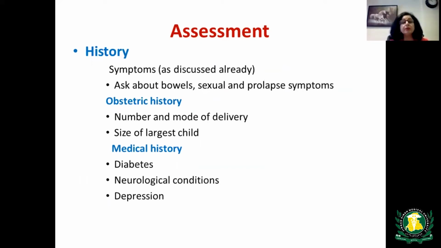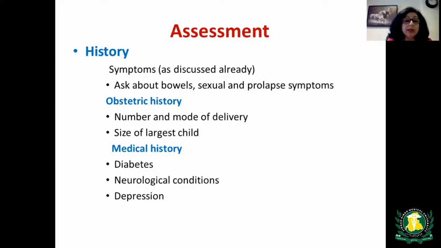The size of the largest child is relevant because in women who have achieved vaginal birth and given birth to a big baby, a lot of tissues may get damaged during passage through the birth canal. So if a woman has given birth to a 5-pounder, the risk of damage will be less than if the baby weighed 10 or more than 10 pounds, etc.